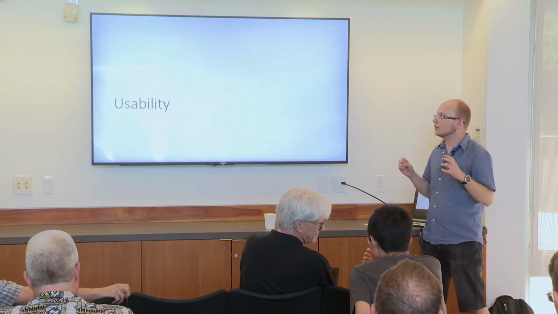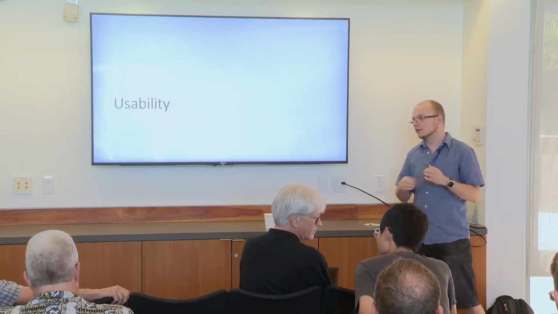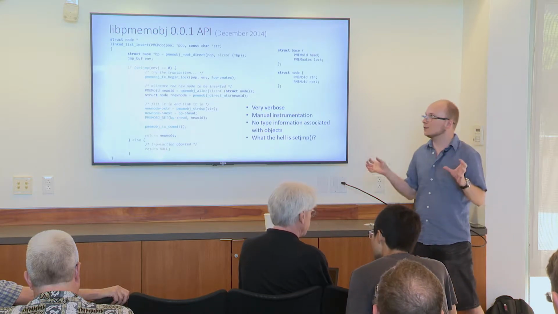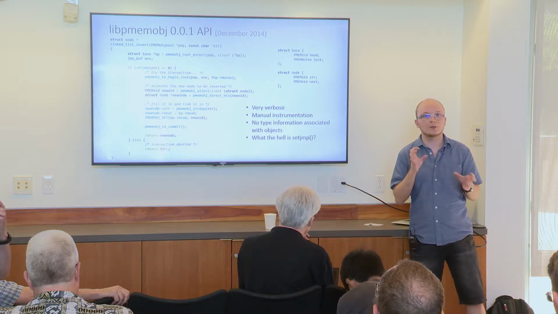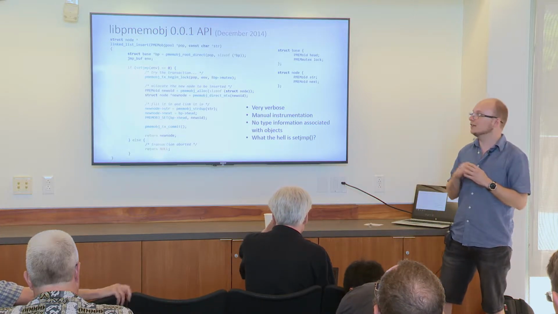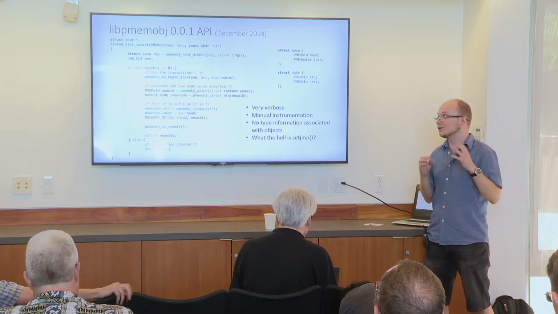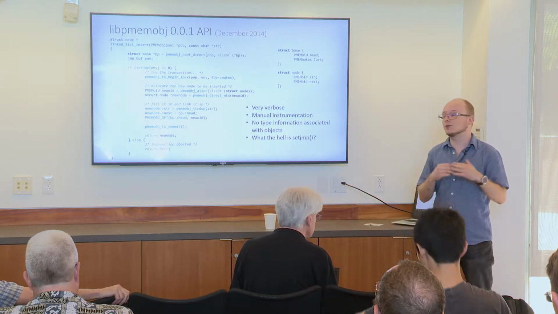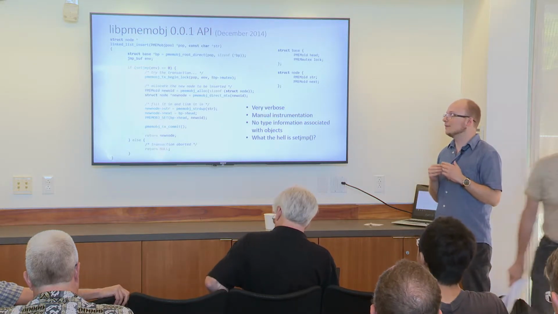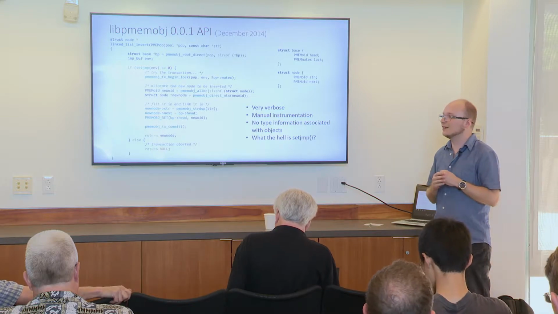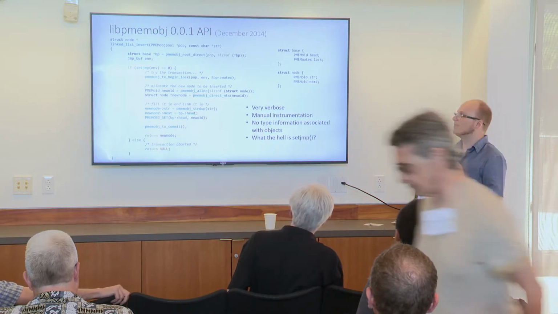The first topic I'm going to be talking about is the usability aspects of persistent memory. Throughout the years, we went through a couple of different iterations of our API in the libpmemobj case. This is how the first iteration looked. The programming language we use for this library was C, and I dug this out of some branch of a fork on my GitHub page.